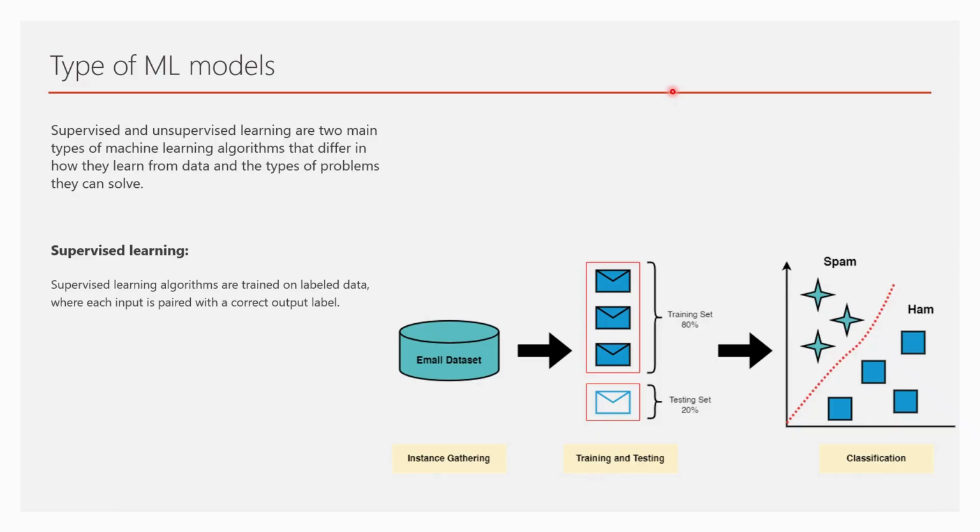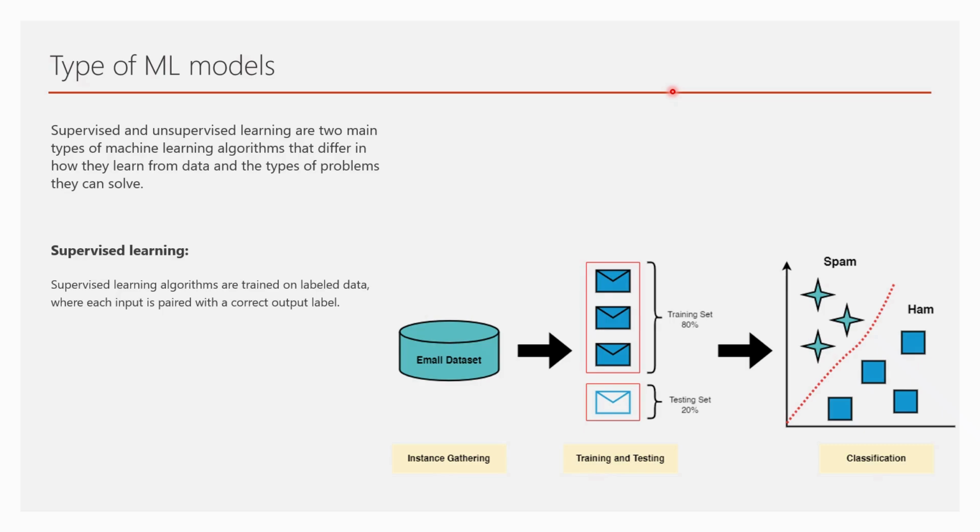We already discussed that we have supervised and unsupervised learning. Let's first discuss what is supervised learning. Supervised learning is labeled data. So what is labeled data? We'll be having training data and test data which are labeled. Labeled means it is classified before.